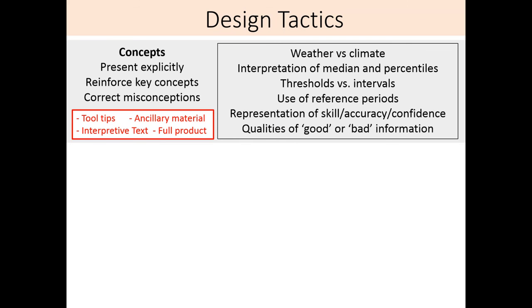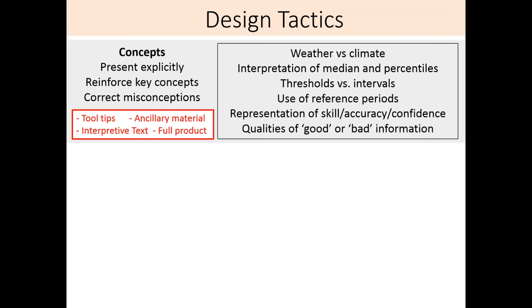It's important to think about the concepts that we're trying to convey with our tool, whether it's any of these that are here over on the right side, about whether we're focused on weather versus climate, or whether we want people to understand the difference between a threshold or an interval in talking about probability or likelihood, how we represent skill or accuracy or confidence of information, giving people guidance about what to look for going forward as information changes would be another one.